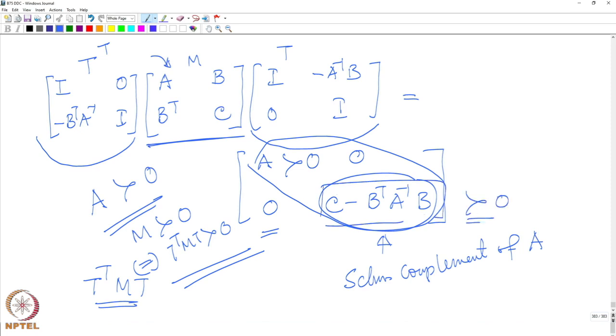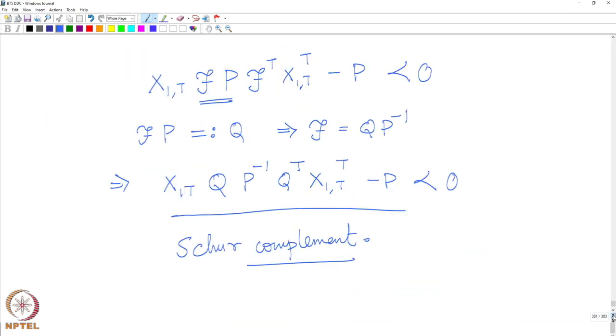Okay. So, then through Schur complement we can do the following: if there is a 2 by 2 block matrix like this of which the top left corner is invertible, and positive definite, then the entire matrix is positive definite if and only if this Schur complement is positive definite. Okay. Now, we go back to what we were doing.